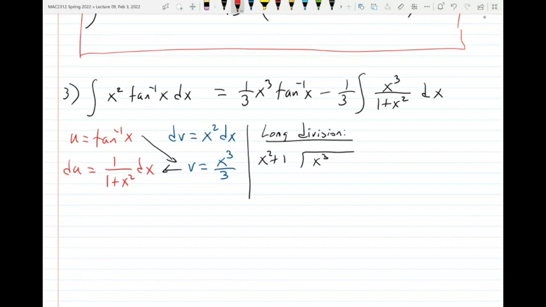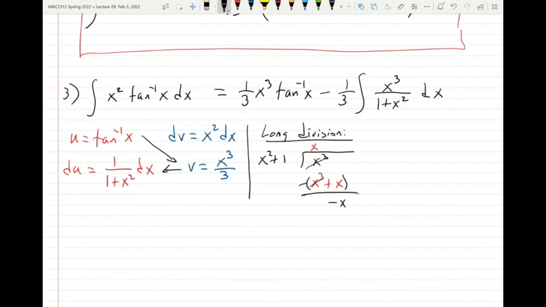We put an x in here, and this is x cubed plus x. Then we subtract, these cancel, and we get negative x. We stop because the degree here is 1, less than the divisor's degree of 2.